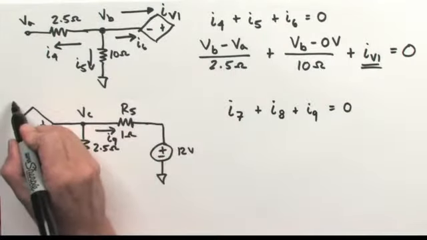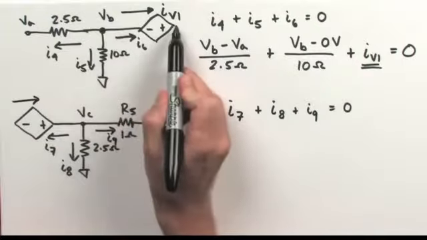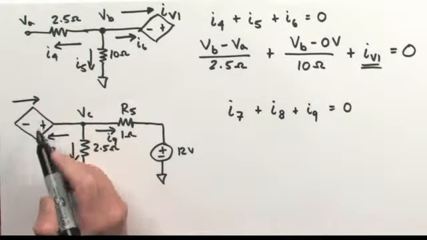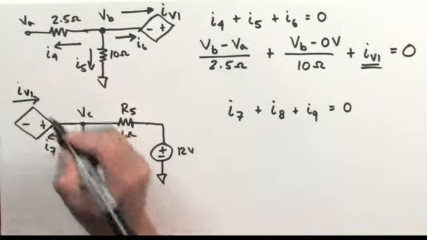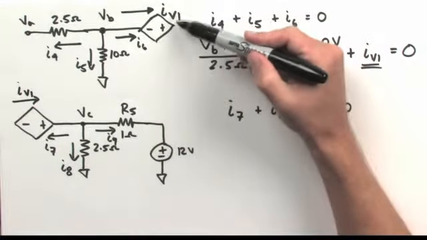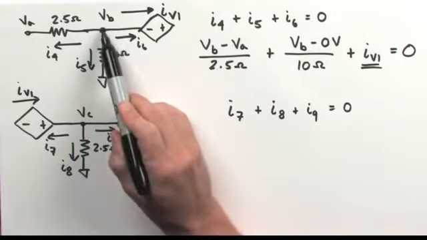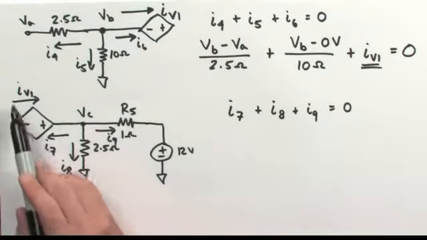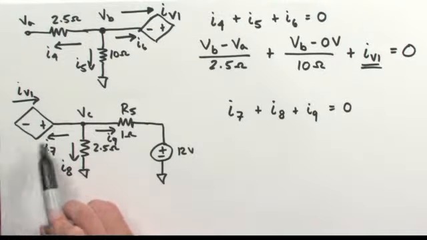Earlier, I assumed and I called the current through this voltage supply, this dependent voltage supply, as being IV1. And based on the assumption here, I assumed that the current was leaving node B and headed towards node C. So I'm going to maintain that convention when I write this equation.